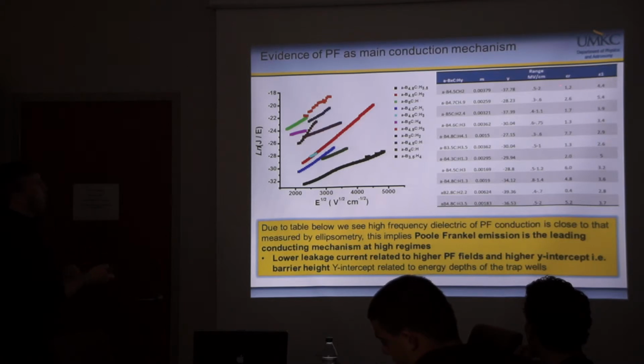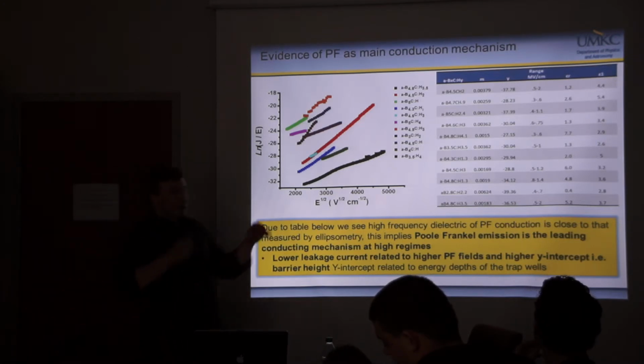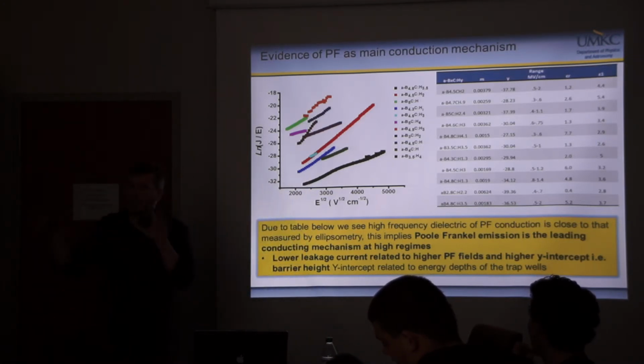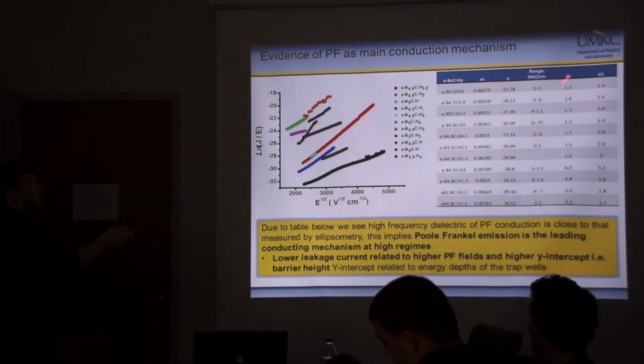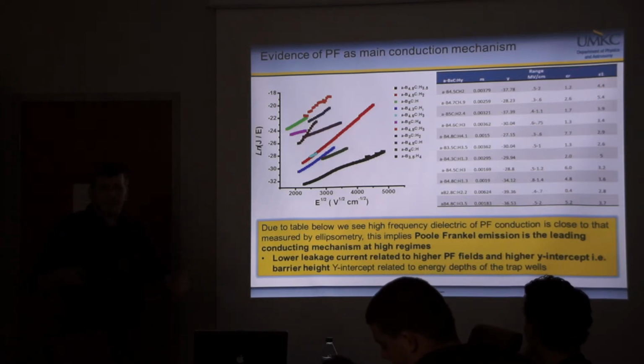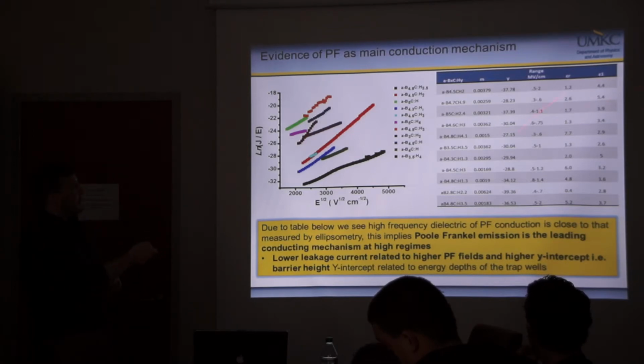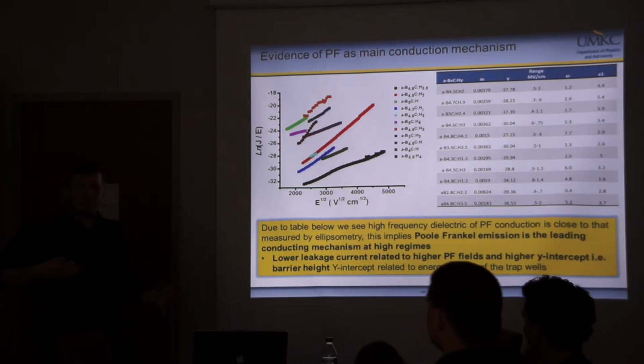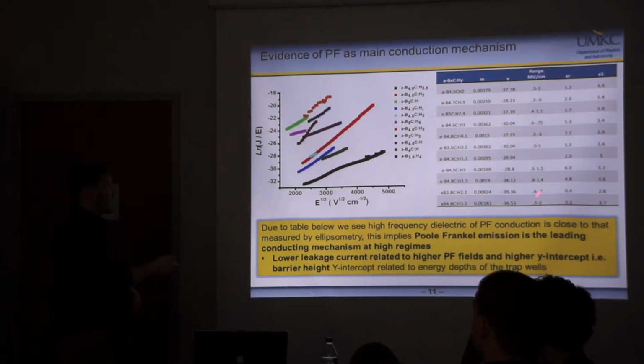And one way to determine whether it's Poole-Frankel or Schottky at these high fields, which one's the leading mechanism, is by measuring the dielectric. If through your analysis the Poole-Frankel dielectric is close to the dielectric constant which I measured from ellipsometry, then Poole-Frankel is the leading one. However, if it's off by an order of magnitude higher or lower, then it's most likely the Schottky barrier that's the leading mechanism.